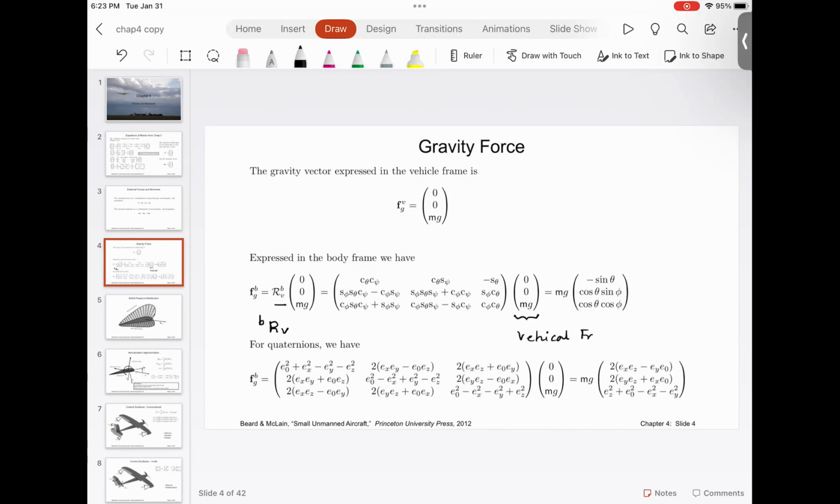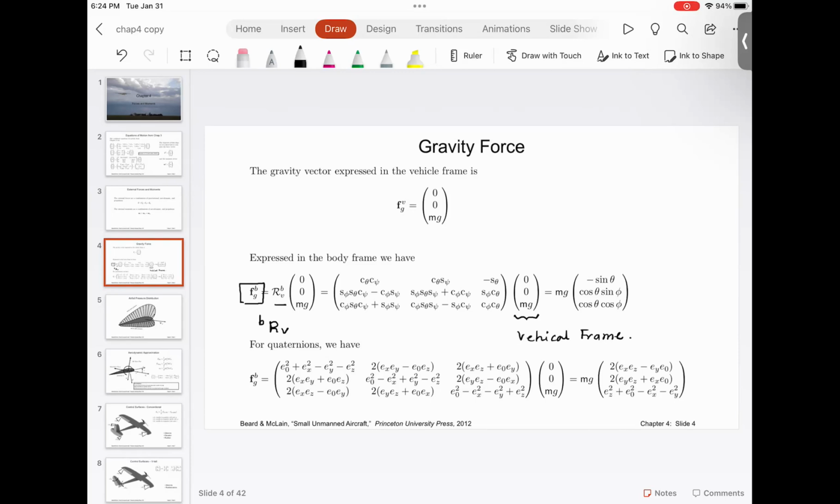And I am multiplying this force because of the gravity by this transformation, so that after multiplication, the forces I get are in the body frame. Everyone understood this? The reason I want everything in the body frame is because my 12 equations of motion are expressed in the body coordinate frame. Everyone understood this?